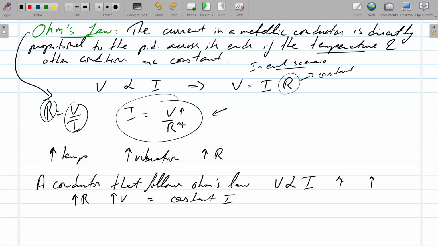And so when resistance increases along with the voltage, the current remains constant. So you're supplying the same current to whatever device you've got plugged in, for example, a lamp, or your mobile phone charging, right? Okay. Thank you.